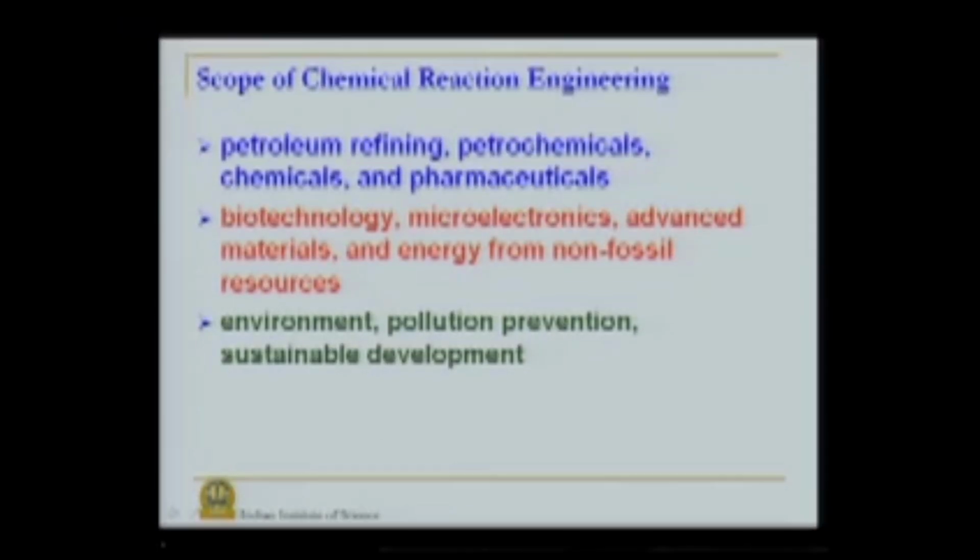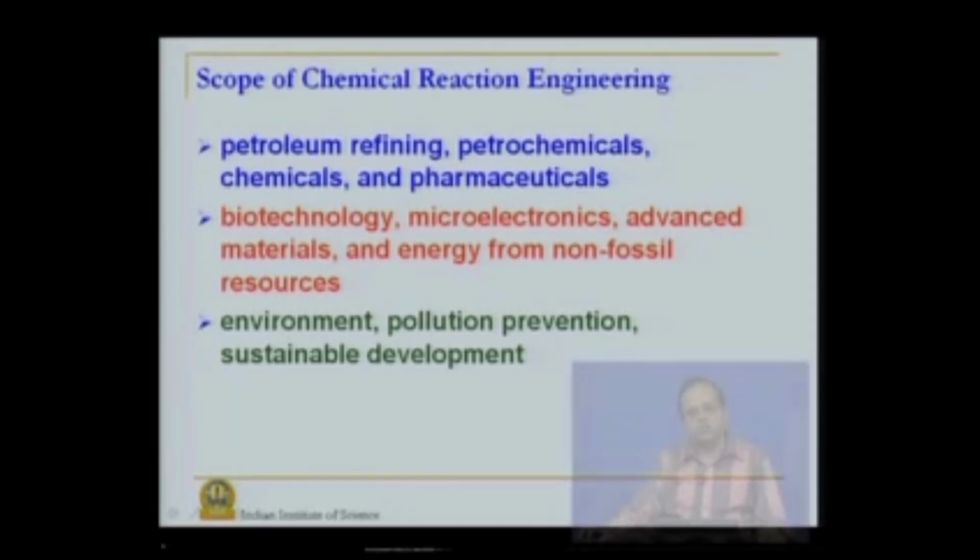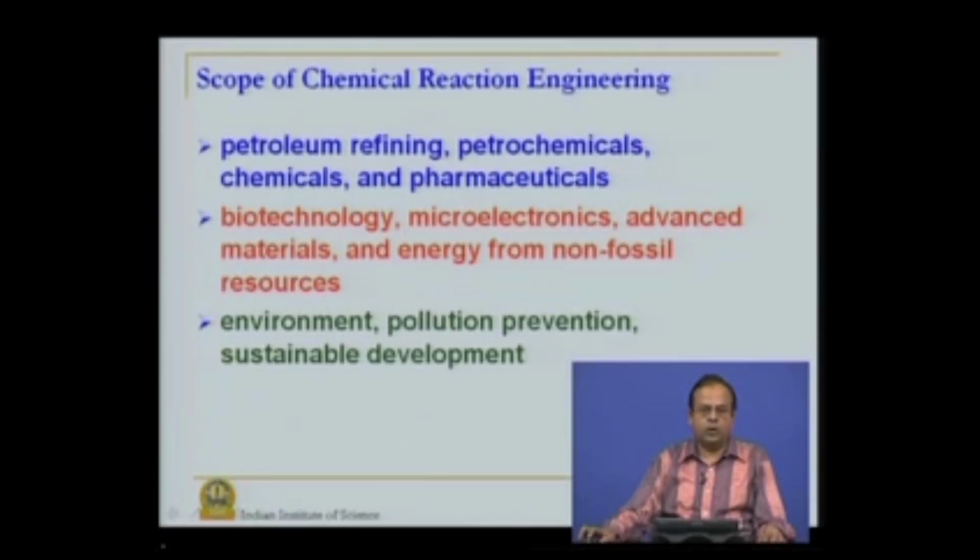Now, it turns out that even in these living cells, there are a lot of reactions that take place inside, and the same physical and chemical conditions that ordinary reactions, let us say in a petrochemical industry, are subjected to, the reactions inside the living cells are also subjected to. As a result of this, whatever we have learnt in chemical kinetics, we can easily extend to living systems, and hence our foray into biotechnology.